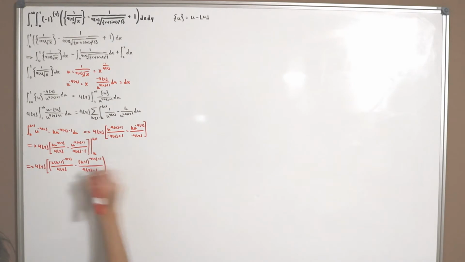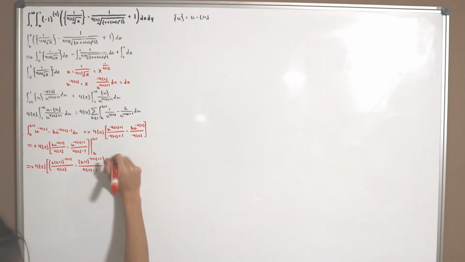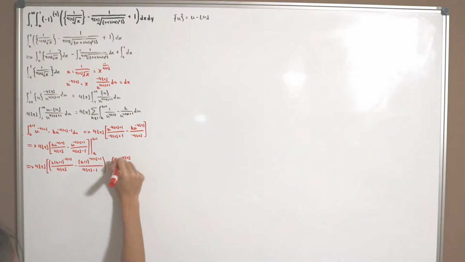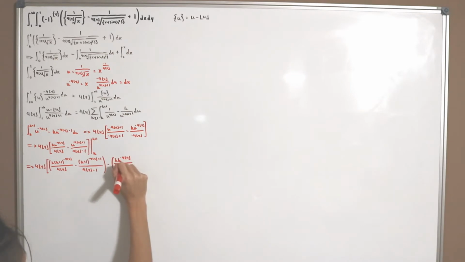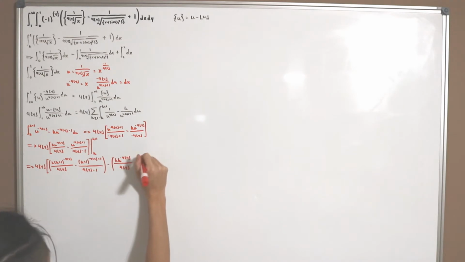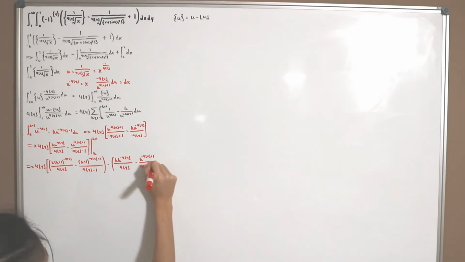Okay, so that's 1. And then next is minus k times k to the negative 4 floor y, divided by 4 floor y, and then subtract that from k to the power negative 4 floor y plus 1, all of that divided by 4 floor y minus 1.